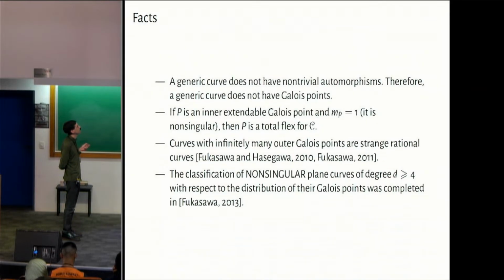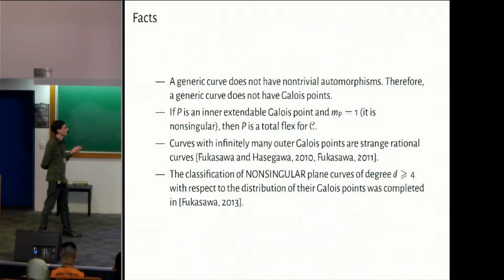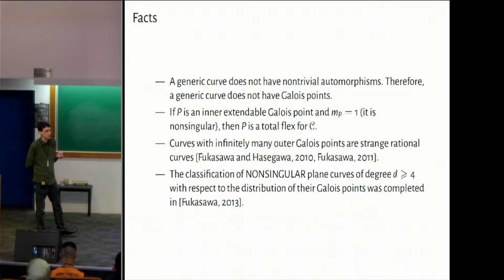If P is an inner extendable Galois point, which is non-singular, then it must be a total flex, a total inflection point of the curve C. Curves with infinitely many outer Galois points exist, and they are strange and rational. Curves with infinitely many inner Galois points also exist.